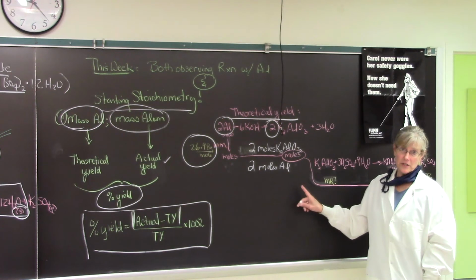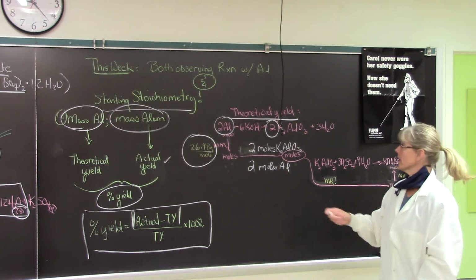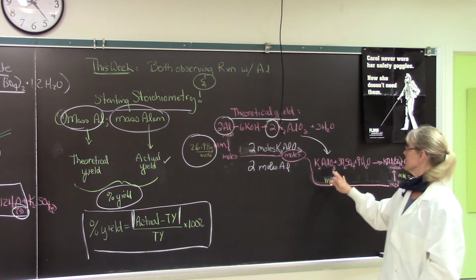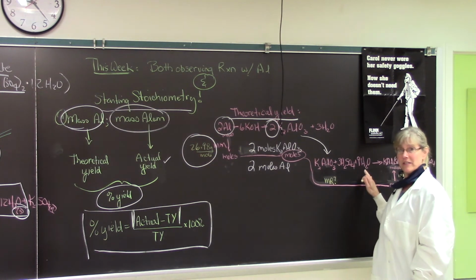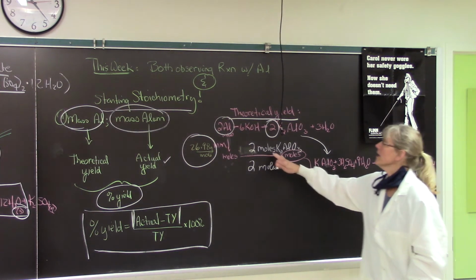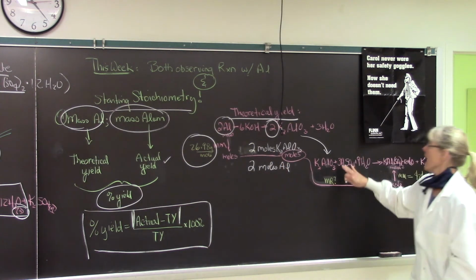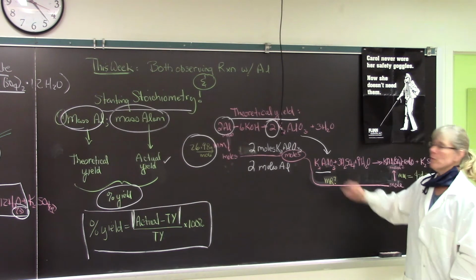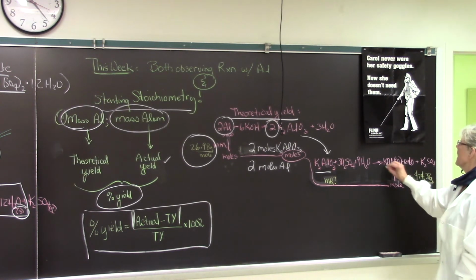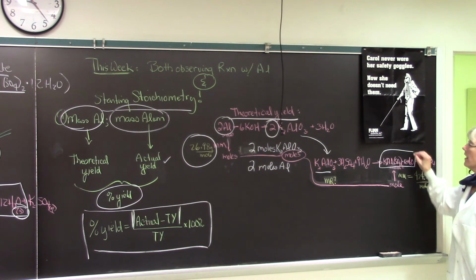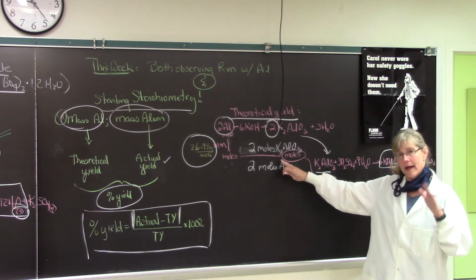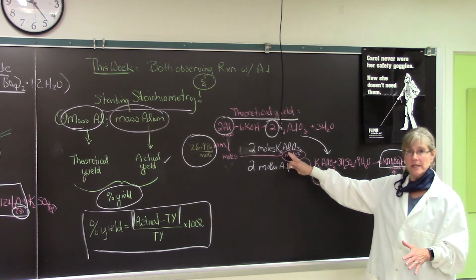Unlike what you've done so far, this is a 2-step reaction. So what now happens is that potassium aluminate is reacted further. So I have to do this molar ratio, and then I have to do the molar ratio where I start with potassium aluminate and end with alum. So now I have my moles of potassium aluminate.